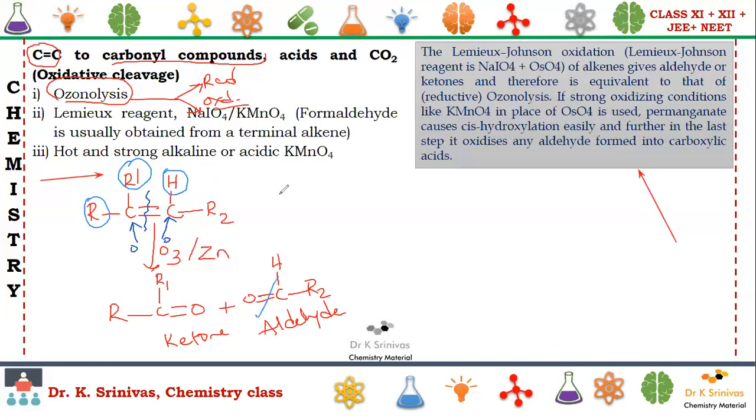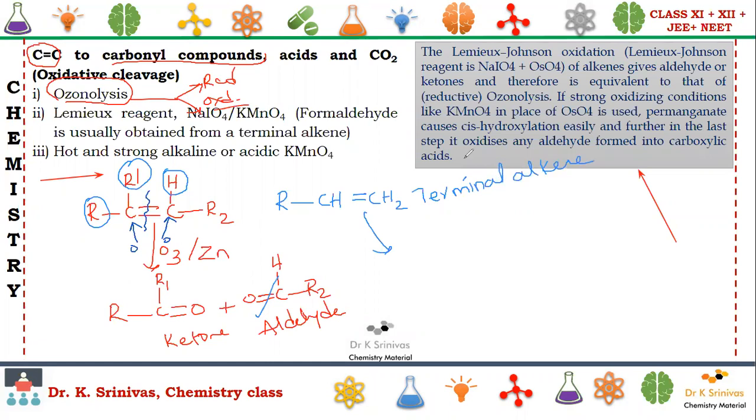Suppose we are taking a compound like this, CH2 CH double bond like this. Sorry, I will erase this. Now we are taking this. What does this mean? This is nothing but a terminal alkene, terminal meaning end.